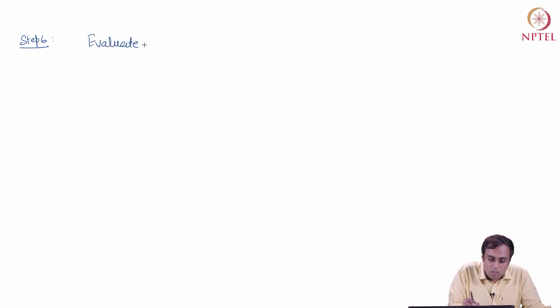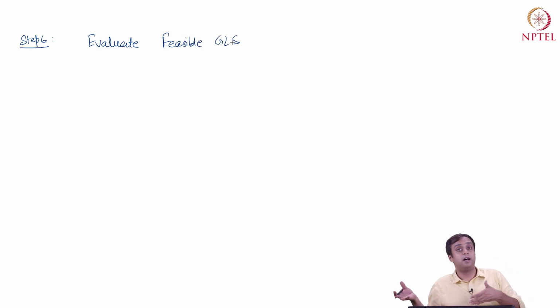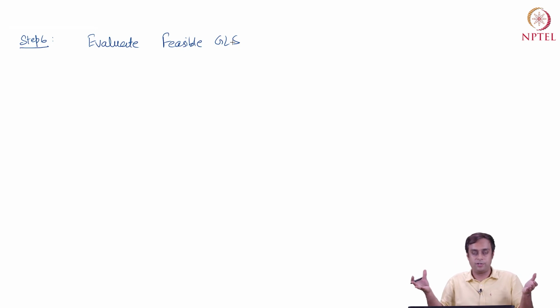Okay, so as step 6, I'm going to evaluate what is called the feasible GLS estimator, that is what was feasible given the data. We didn't know the exact omega structure.